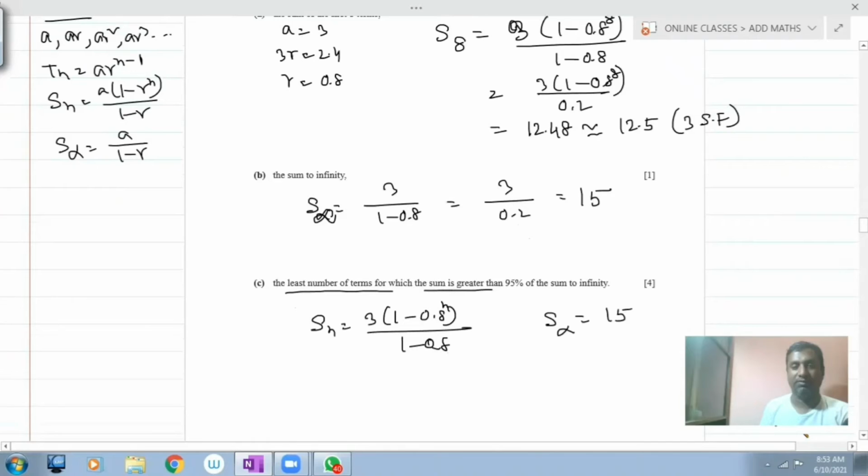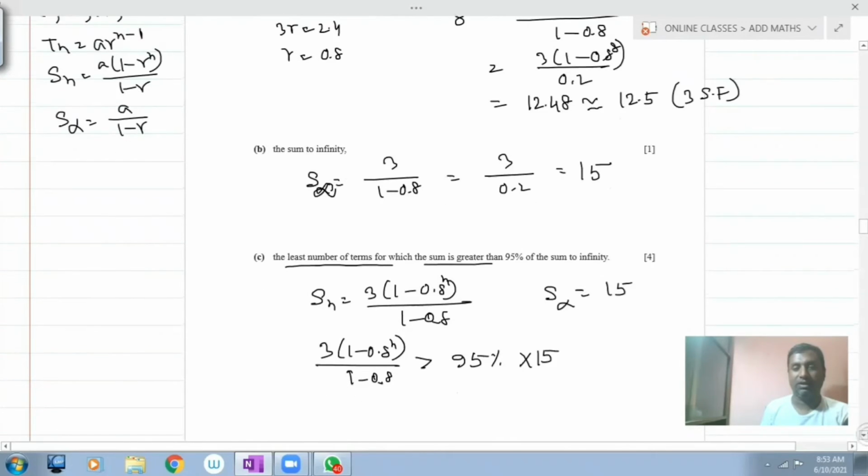So the question is, given the sum is greater than 95% of the sum to infinity, I mean 15.